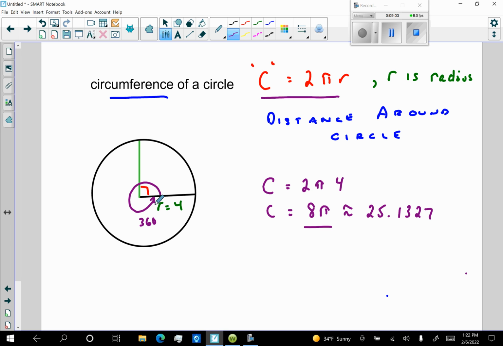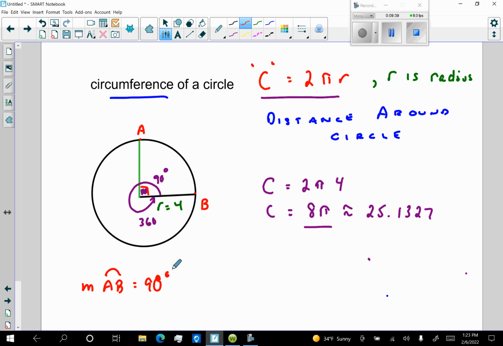If I go 90 degrees, I have gone 1/4 of the distance around the circle. So let's label this point here A, and this point here B, where the measure of arc AB is equal to 90 degrees.